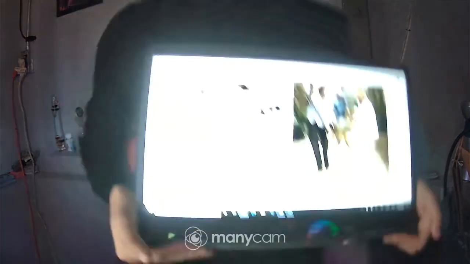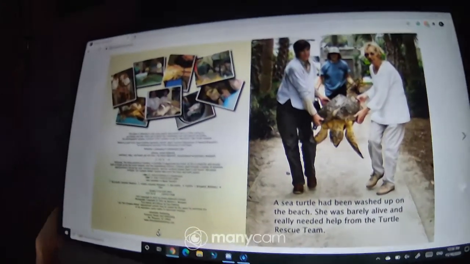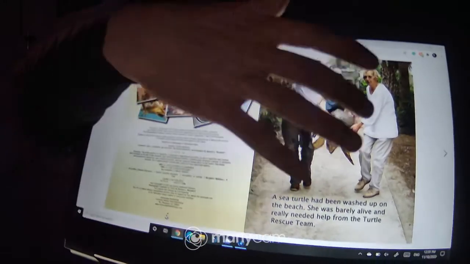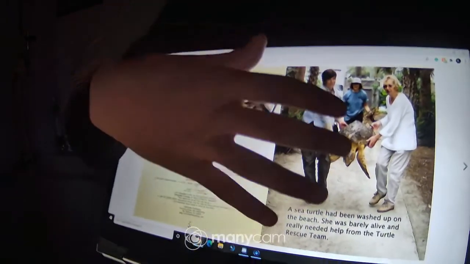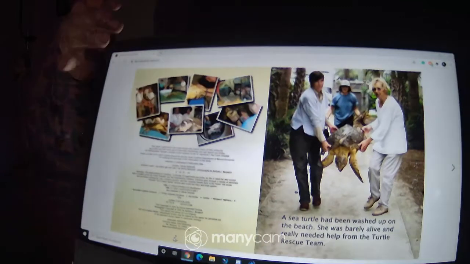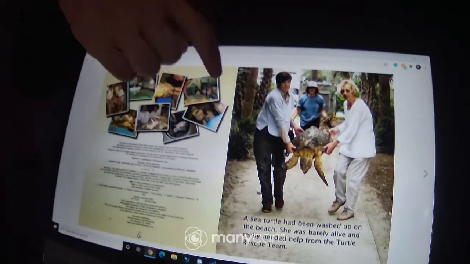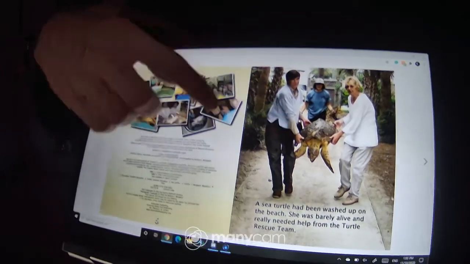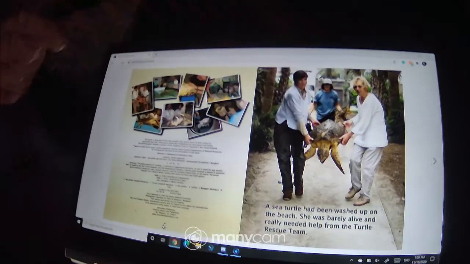After that, I will cover pages 1 through 5 just to more or less explain the definition of picture walks. So for example, in this one, before we read the text, let's make an assumption about what is happening in the picture. As far as we can see, there is Carolina the turtle, and she's being carried by 3 people.